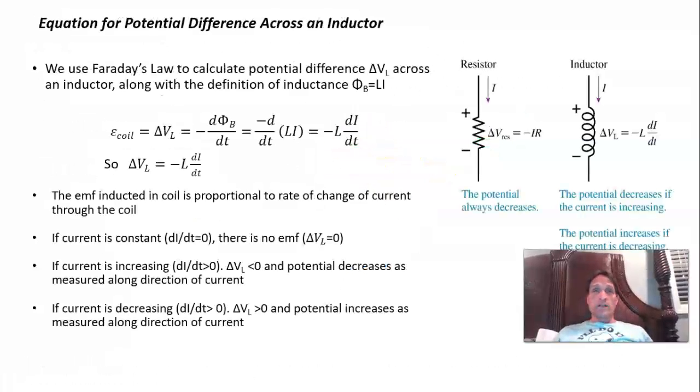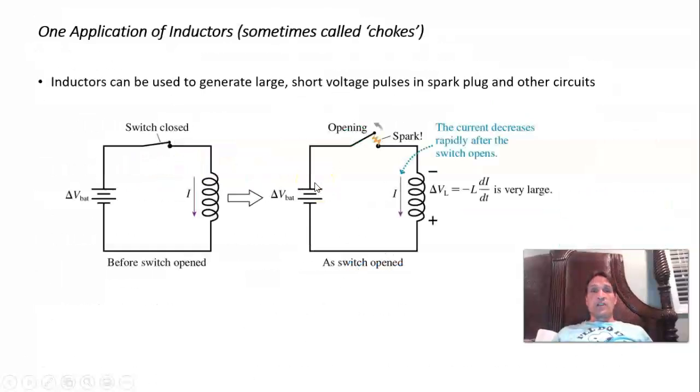So what does that mean? If dI/dt is large and negative, then you're going to get a large positive delta V, which means a large gain in potential across the coil.